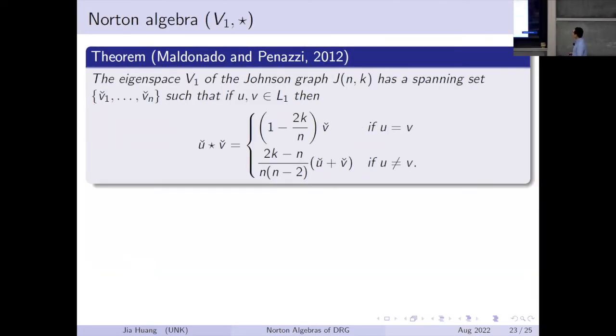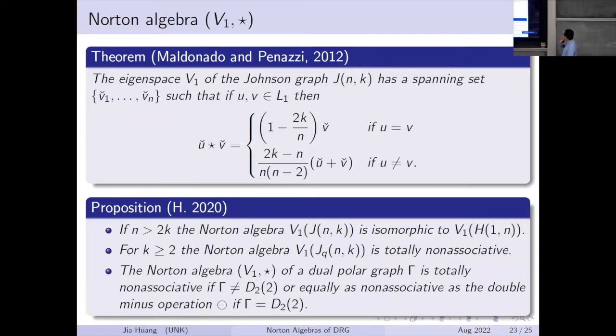But for the Johnson graph, for example, we had to use this formula for the Norton products on V1. And it turns out that when n is greater than 2k, the Norton algebra V1 of the Johnson graph J(n,k) is isomorphic to V1 of the Hamming graph H(1,n).